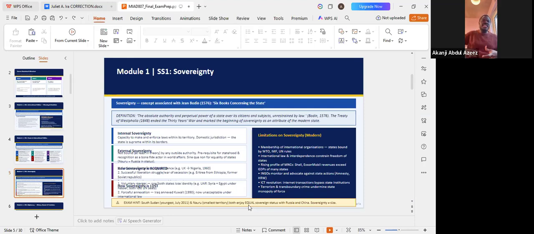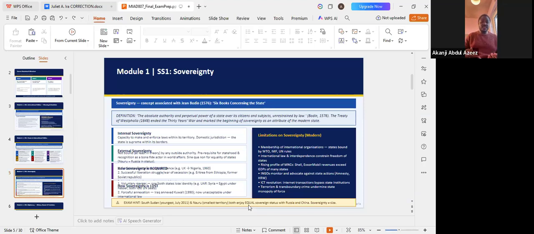When a country has the power to protect the people living in it and its territory, and is not being influenced by an external or internal force, we say that country or state is sovereign.